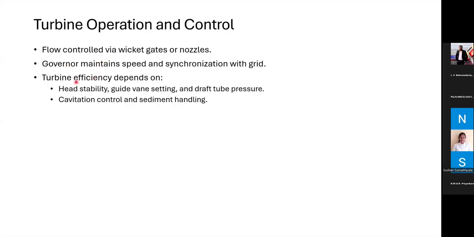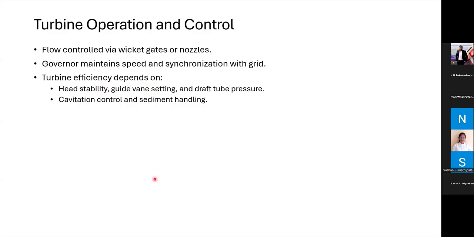The turbine's efficiency depends on head stability, guide vane setting, draft tube pressure, cavitation control, and sediment handling. Head stability means that if the water head fluctuates dynamically, that could happen through water losses in the penstock or leaks in the tunnel. Those elements could cause head instability.